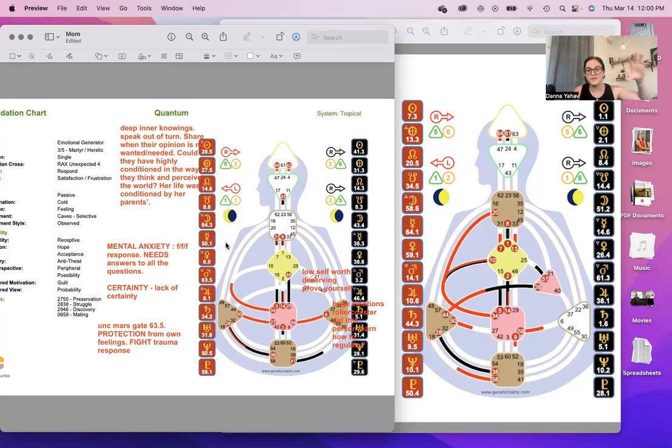That low self-worth or the lack of deserving or the need to prove yourself that comes from the undefined ego does not just stay in the ego. It goes into the mind. It goes into the throat. It affects your feelings. It affects your definition. It affects your decisions. It affects how you move through the world, right?